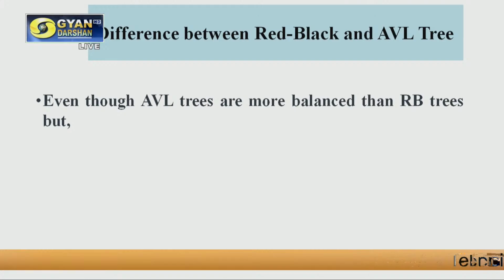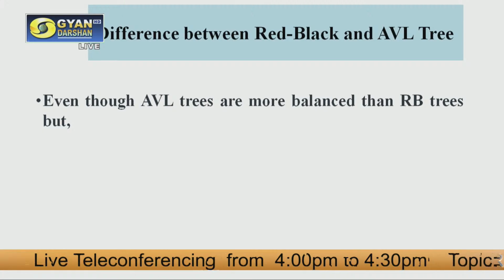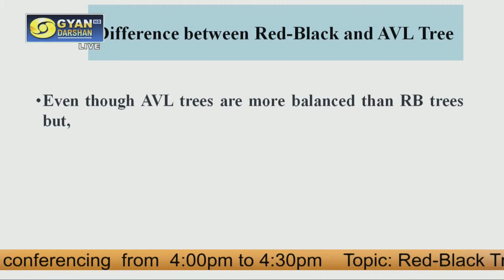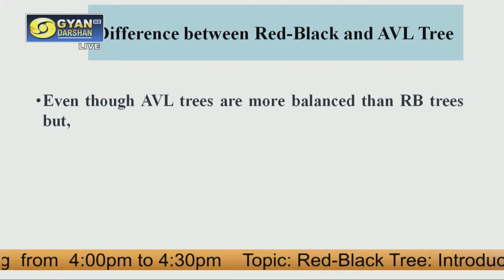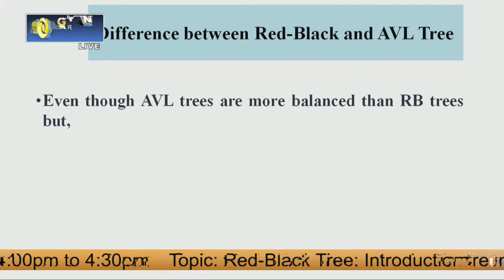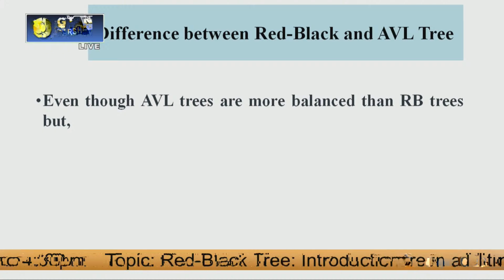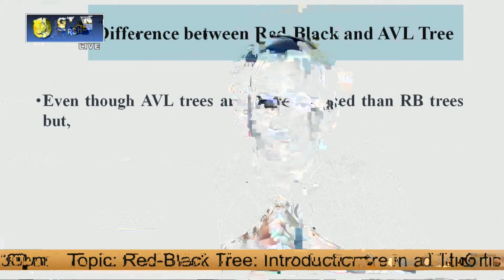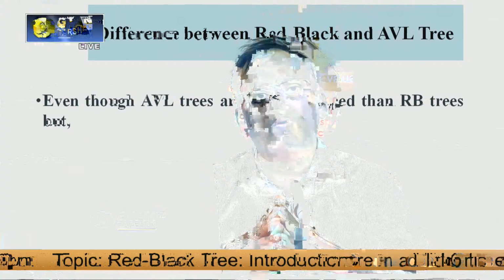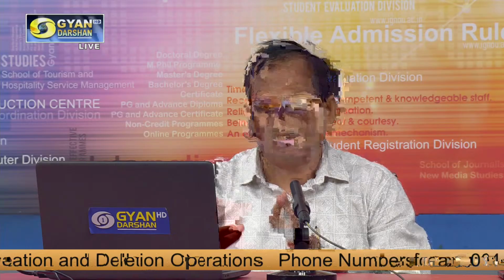The difference between the red black tree and the AVL tree I already told, because the AVL tree is a nearly balanced tree. To make it nearly balanced, that is to make the balance factor 0, -1 or 1, we require a lot of rotations. To avoid this cost, to reduce this cost, we use the red black tree.